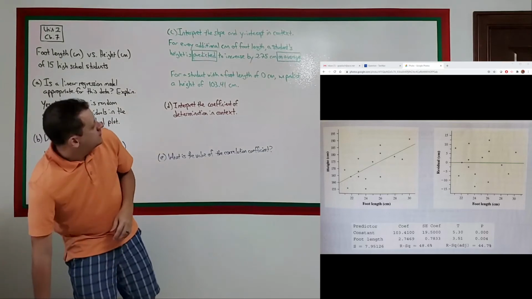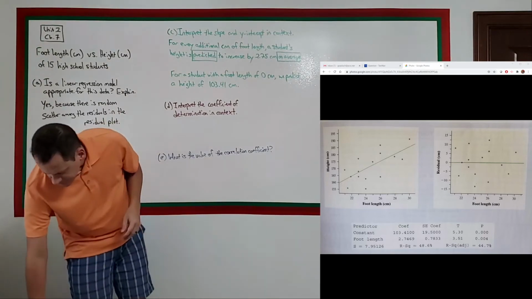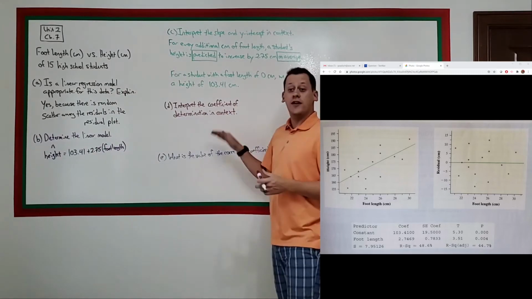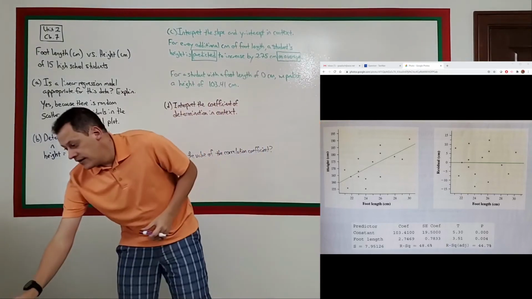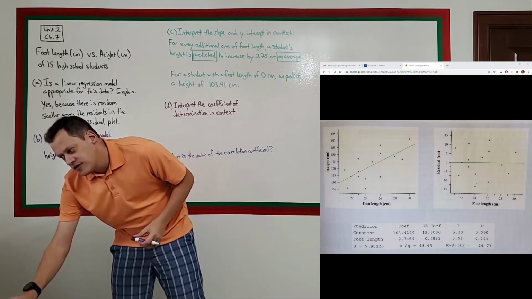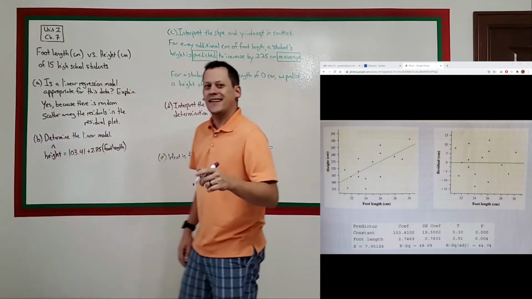All right. So part D, let's see here. We are interpreting the coefficient of determination in context. In order to interpret it, we have to know what it is first. So what was the coefficient of determination again? That's r squared.